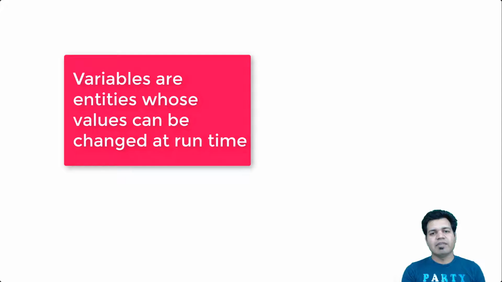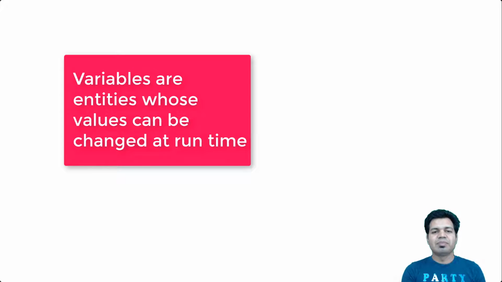So folks, as I have explained in the previous videos, variables are entities whose values can be changed at runtime. The values stored in these variables can be replaced by new value as a part of update process.